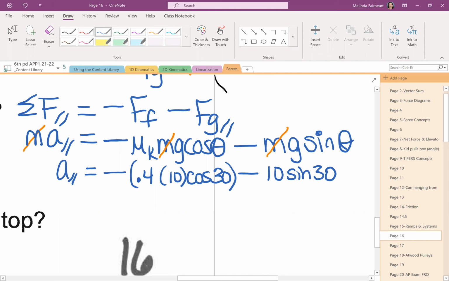Okay, so sine 30 is 1/2 times 10. So I know the last number is going to be 5. What is 4 cosine 30? Does anyone have that one? 3.4 cosine 30? What did you calculate it? 3.5.